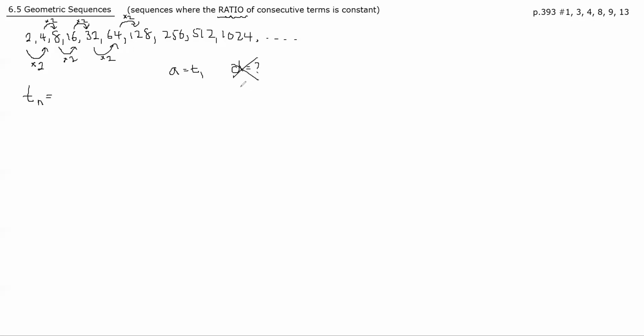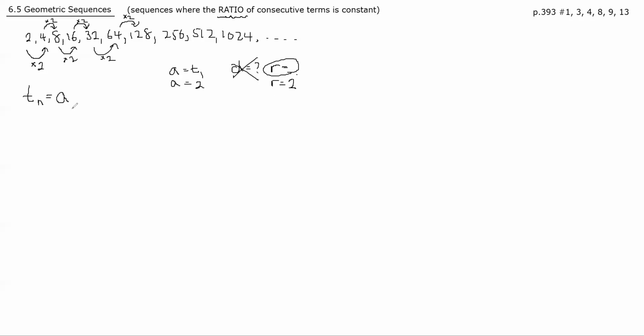So what letter can effectively represent ratio? Not rocket science. Yes, it is an R. We are going to look at the ratio. What is a common ratio for all these numbers as we progress along the sequence? A 2. The starting value, the first term in this sequence, is a 2. And the ratio is also a 2.